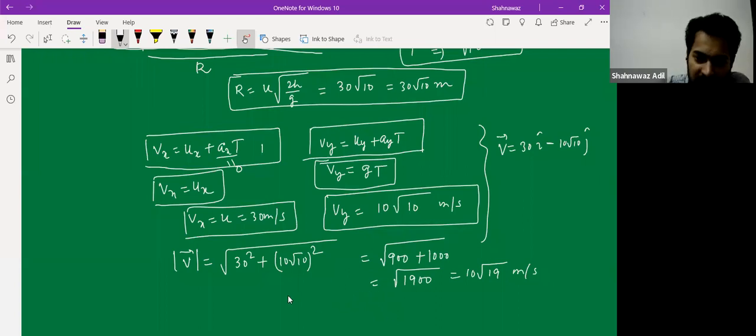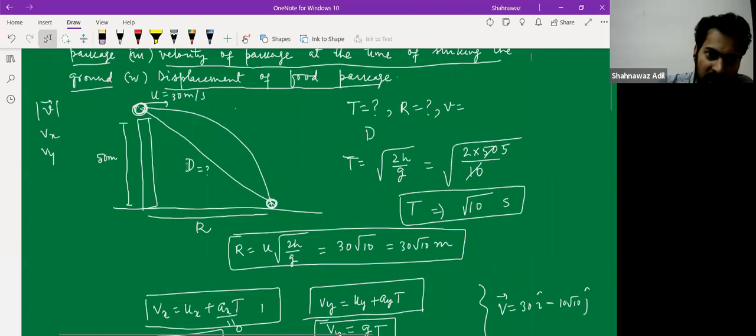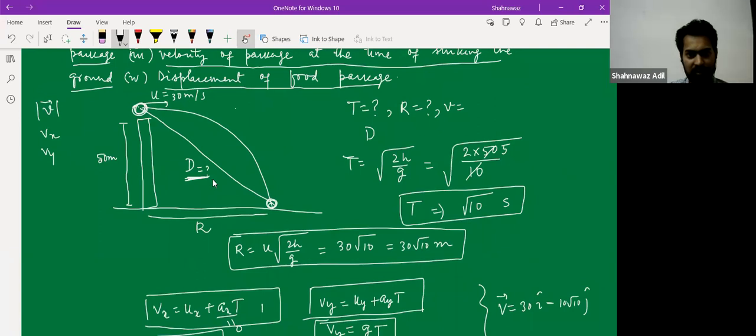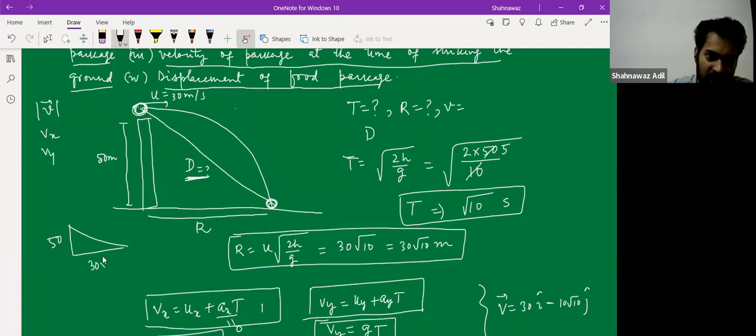Okay. And what was the last question? So this was the last question, right? So how will you calculate this distance? Sir, Pythagoras theorem. Yes, absolutely right. Pythagoras theorem. So this is 50 and this is 30 root 10.